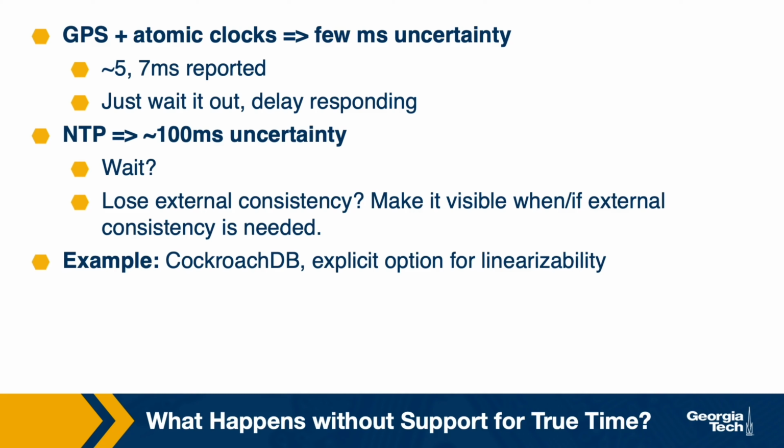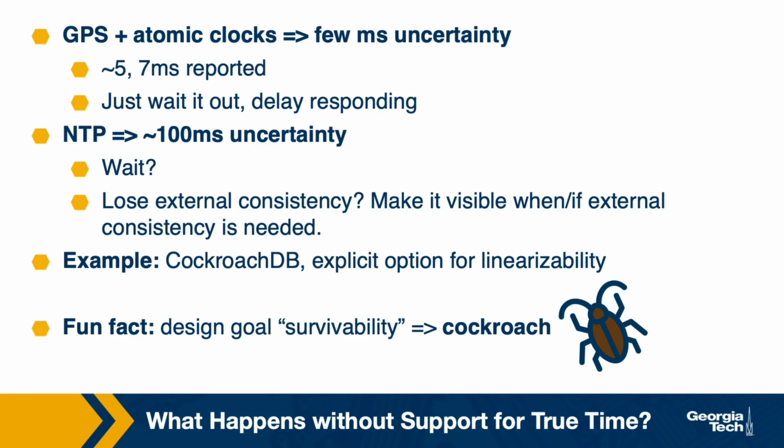And so it explicitly exposes a flag that makes the question of external consistency, or of linearizability of the transactions, explicitly visible to the applications. So the application then can choose what are the cases in which achieving this property and paying the necessary delays is really important for the application.